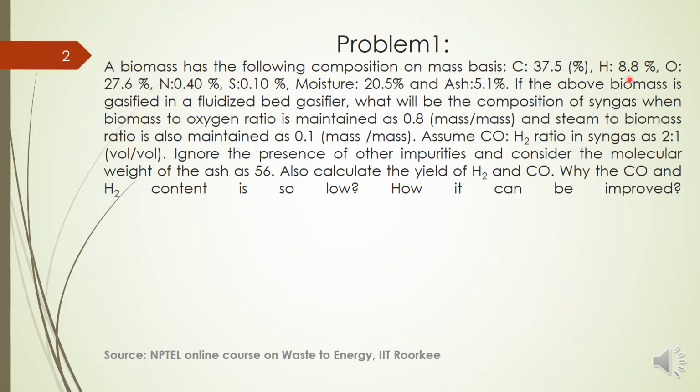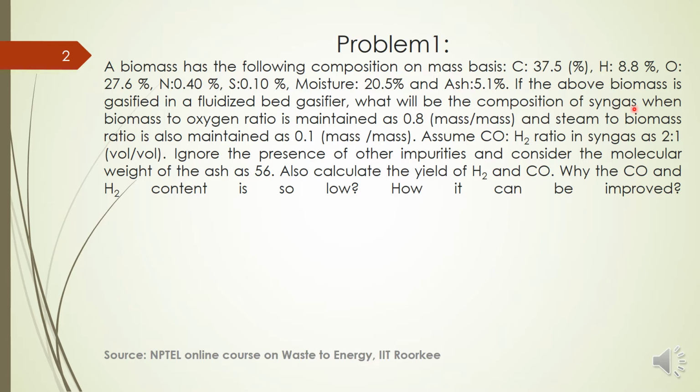So this is a typical problem that can be asked in gasification. So here you can see the mass percentage of biomass is given: carbon, hydrogen, oxygen, nitrogen, sulfur, moisture, ash, etc. And this biomass is gasified. So we have already seen gasification can be done with air, oxygen, steam, or a combination of this.